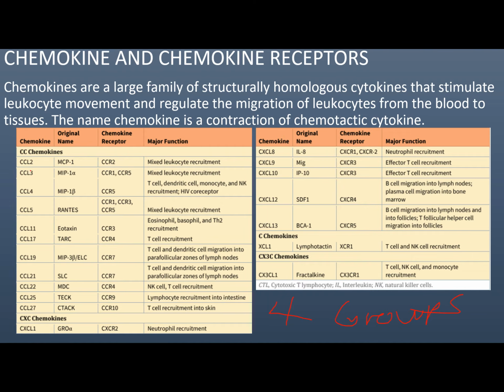They include CCL2, CCL3, CCL4, 5, 11, 17, 19, 21, 22, 25, 27. All of them, class, have an original name, and they also have a target receptor. They have a major function, class. So please, on your own, try to memorize this. This may be included in your coming exam.